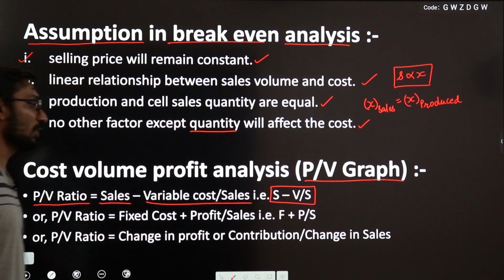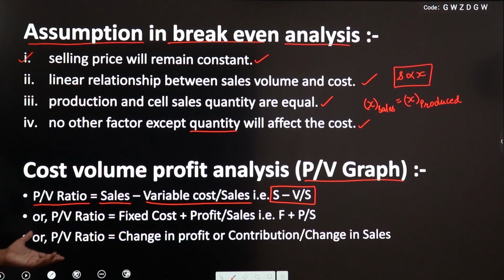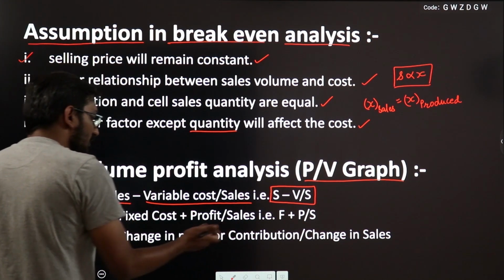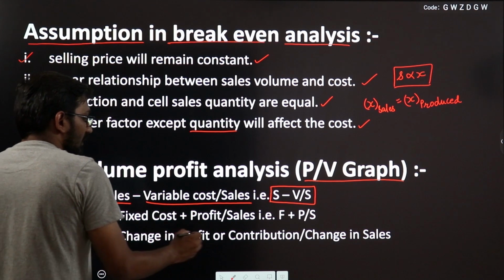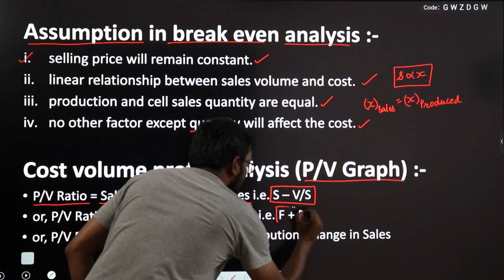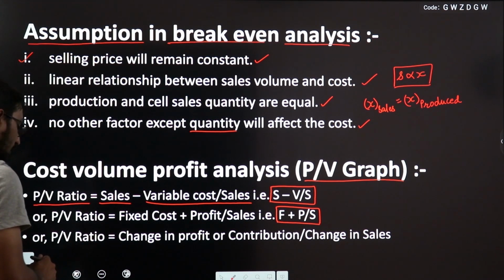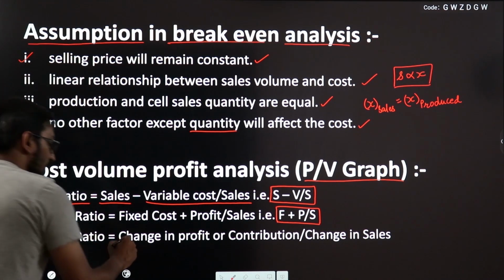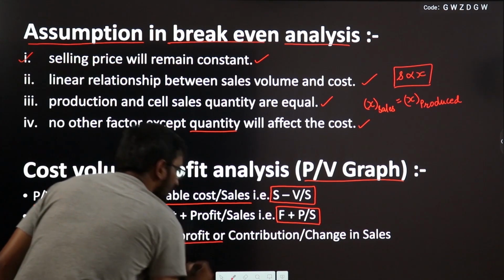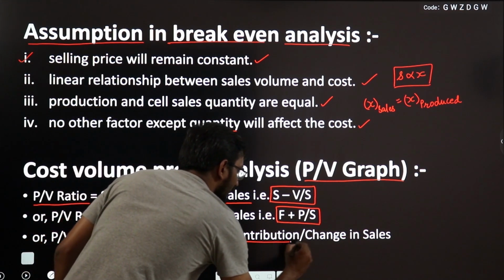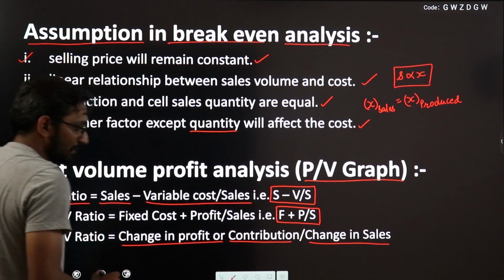Or you can write it as fixed cost plus profit upon total sales. Or it is equal to change in profit or contribution divided by change in sales.